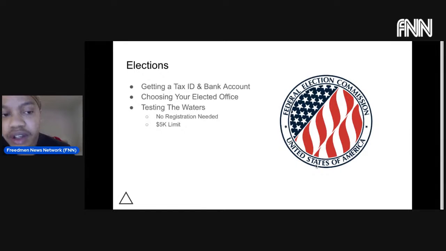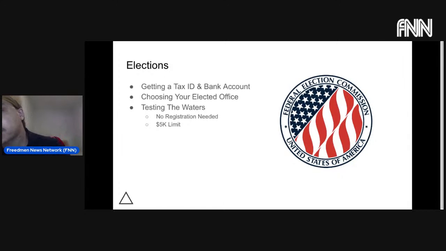There's something important called the testing the waters phase. This allows you to begin a campaign unofficially without needing to register with the FEC and allows you to see if you have enough traction and enough people behind you to run. And you won't have to register with the FEC until you hit that 5K limit. And that'll be kind of like proof that you have enough support.